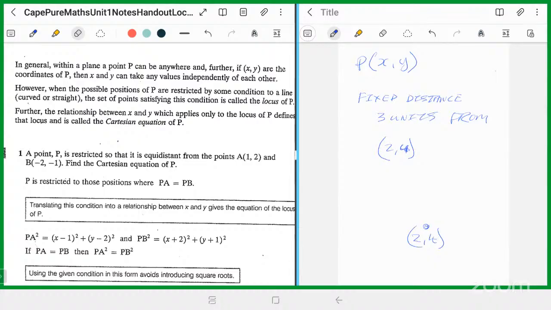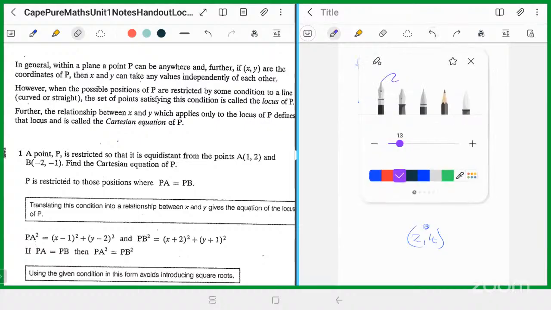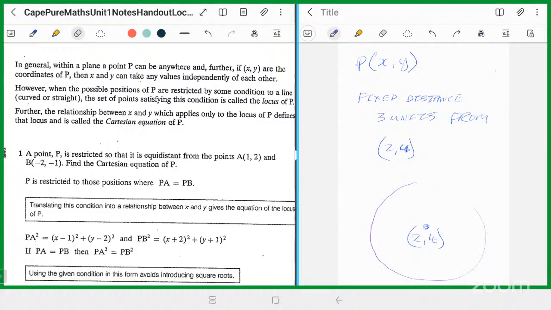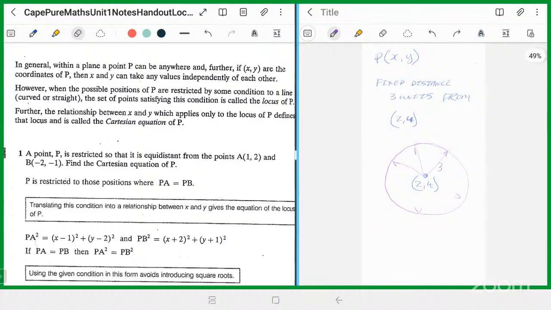I'm always 3 units from this center, so I'm moving on a circle where the distance from this point is 3 units. So the center is (2, 4) and the radius is 3. The equation of this circle would be the locus of the point P.